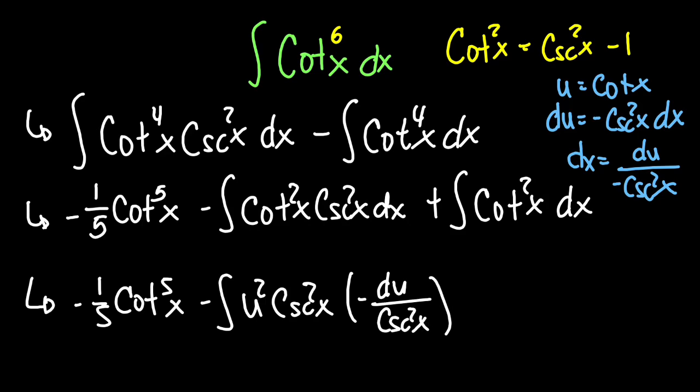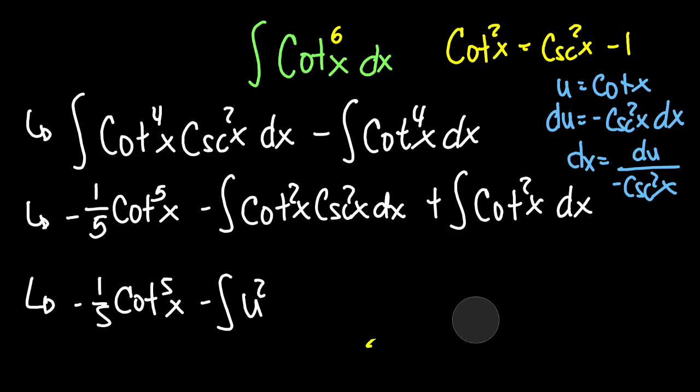You can see here again that cosecant squared of x would cancel again, which leaves you with u squared multiplied by negative du, and you can put the negative sign outside the integral, which makes this positive integral of u squared of du.